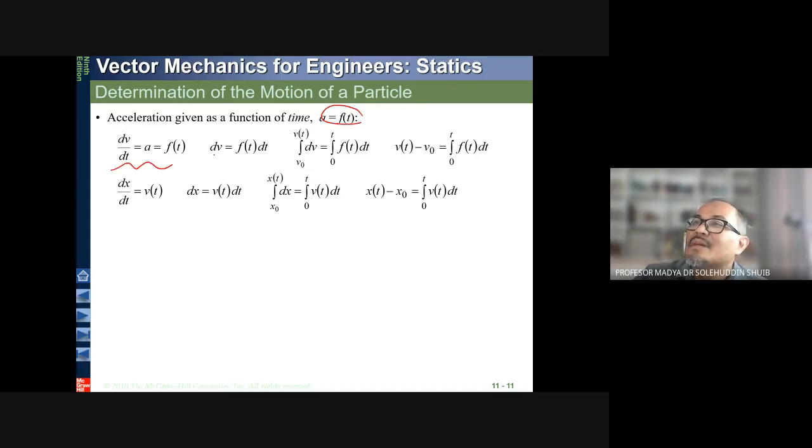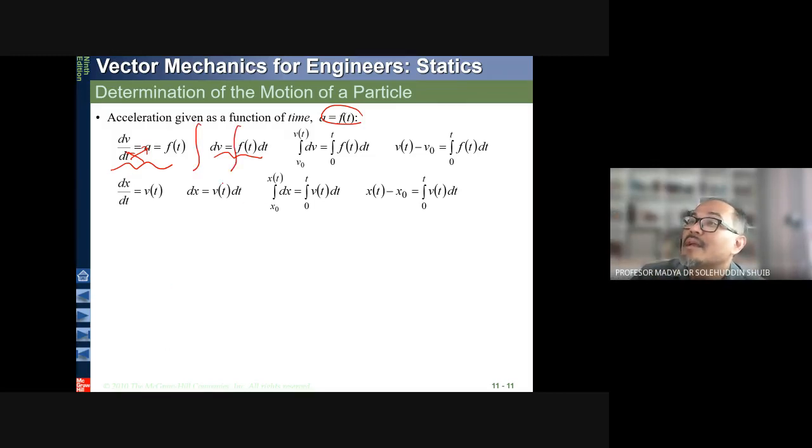Then we cross multiply, so you get dv equal to f(t) dt. From there, you integrate both sides.